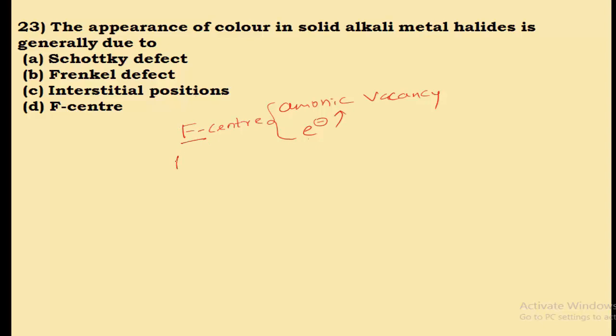F means Farben center. This means it imparts color to the crystal. It is derived from the German word meaning color imparter, so it gives color to the solid. So the appearance of color in solid alkali metal halides is generally due to F center. So option D is the right one.